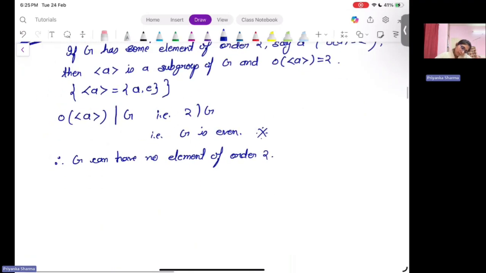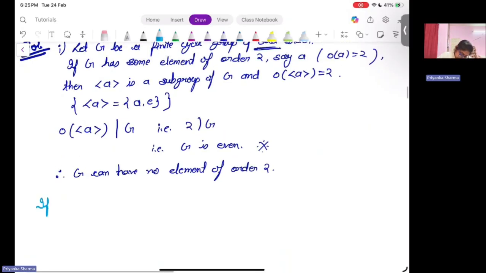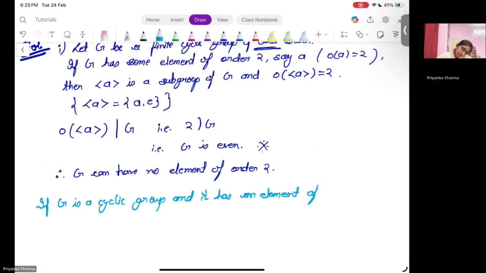But what if we modify this? If we say if G is a cyclic group and it has an element of order 2, then the element is unique.